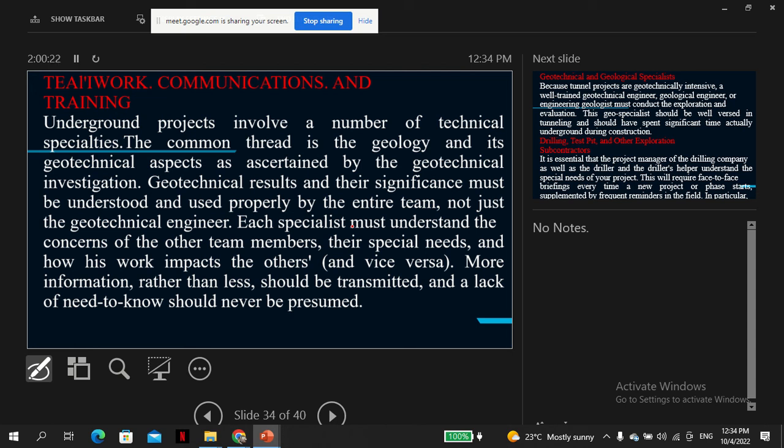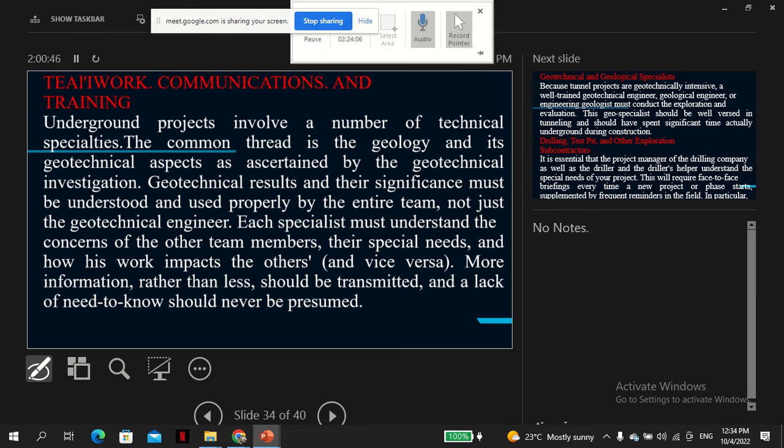So the geotechnical engineer has to work in tandem with these other persons, and the report has to be understood, and there's no room to misunderstand. And of course, there should also be a line so that if someone doesn't understand a thing, they can consult so that clarity is sought.